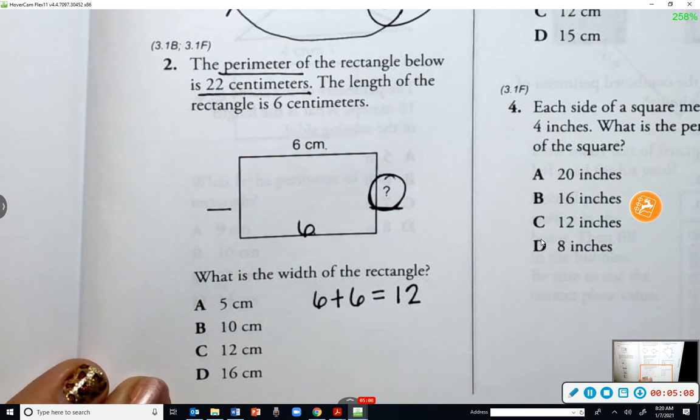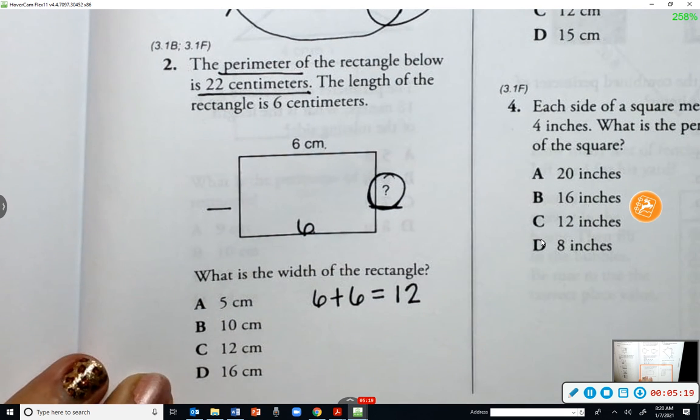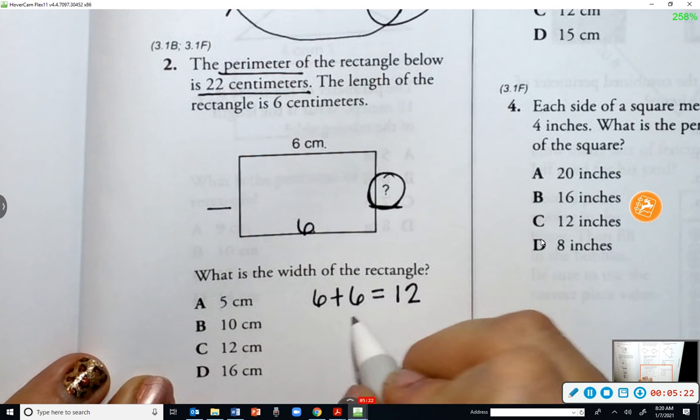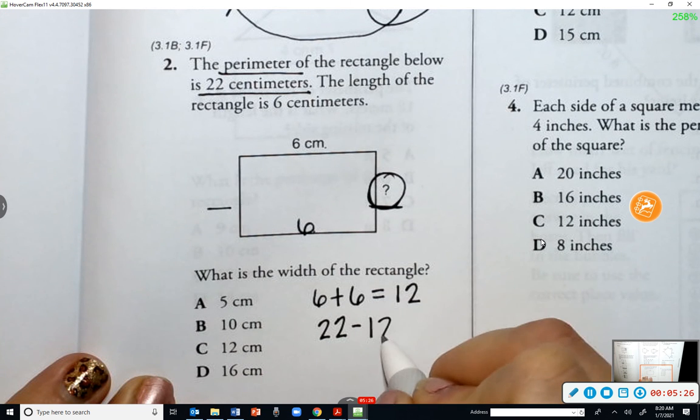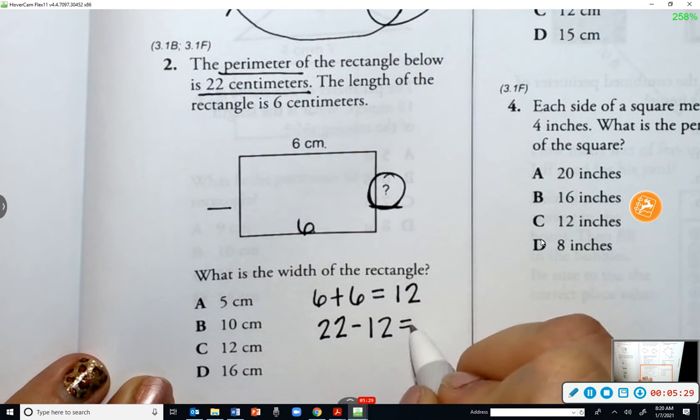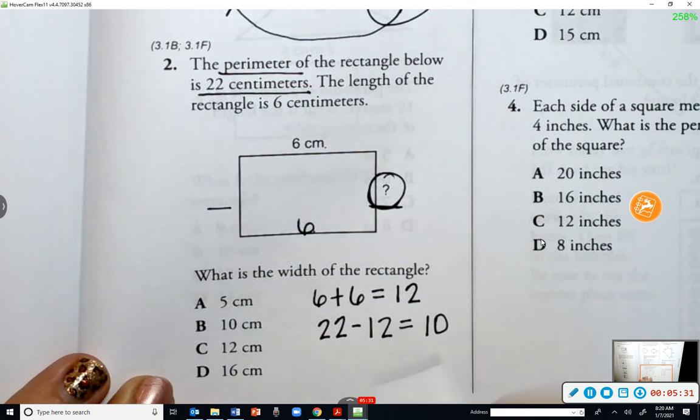Do you remember? You would divide that number. Not yet. We do have to divide, but not yet. Aaliyah, what's next? Subtract. Good. So I'm going to take the perimeter, which was 22, and subtract 12. That leaves me with 10, right?